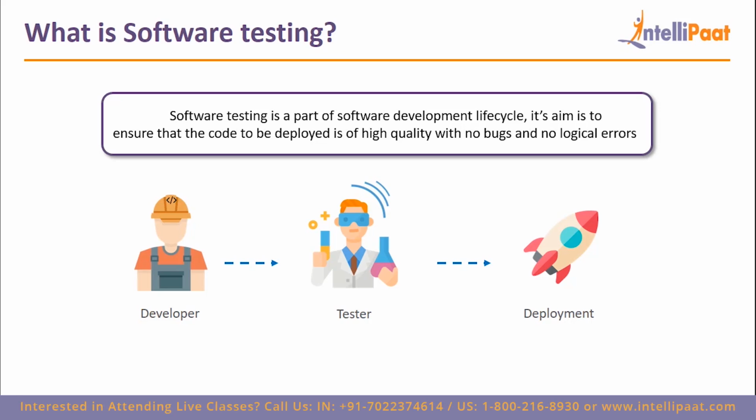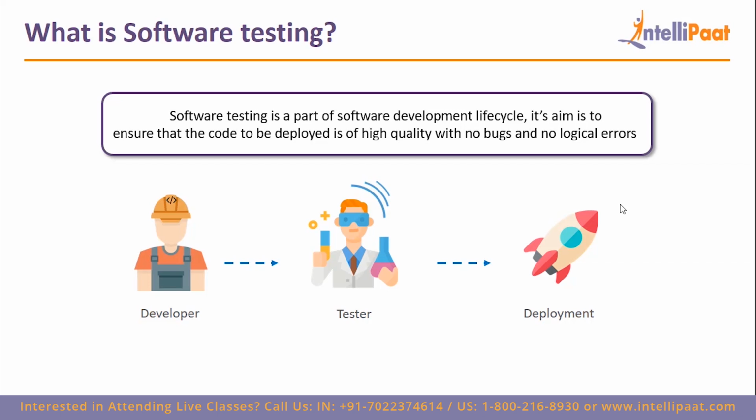He does so by running rigorous tests on that application to make sure it's a proper application. And if no errors are found in the application code, then it's sent for deployment. If errors are found, then the tester sends it back to the developer so that the developer can fix those errors. And then the cycle repeats until a proper application is developed.